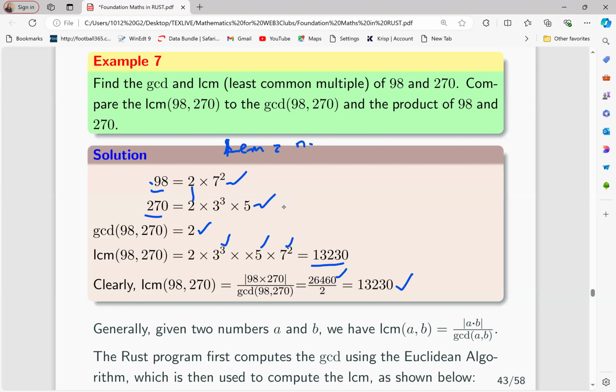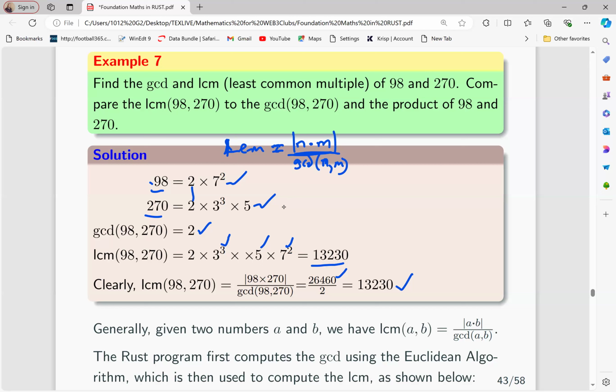Let me say that the 2 numbers are N and M. You take the absolute values of the product, that means you're only taking the positive. If the product is negative, you drop the negative sign. That's why I put it inside these parallel lines, which are absolute values. And then divided by the GCD of N and M. So this is the relationship.